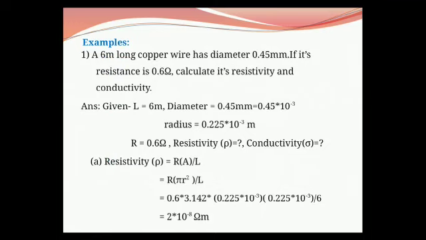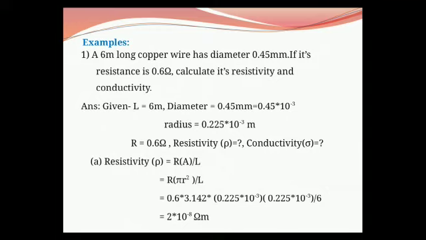The example is: a 6 meter long copper wire has diameter 0.45 millimeter. If its resistance is 0.6 ohm, calculate its resistivity and conductivity.